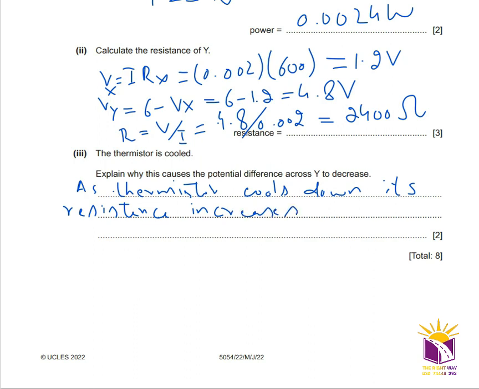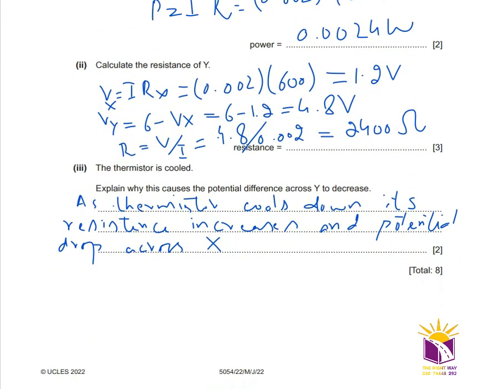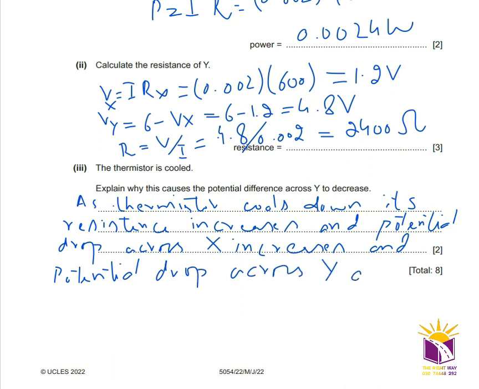The resistance of the thermistor increases, and the potential drop across X, the thermistor, increases, and the potential drop across Y decreases.